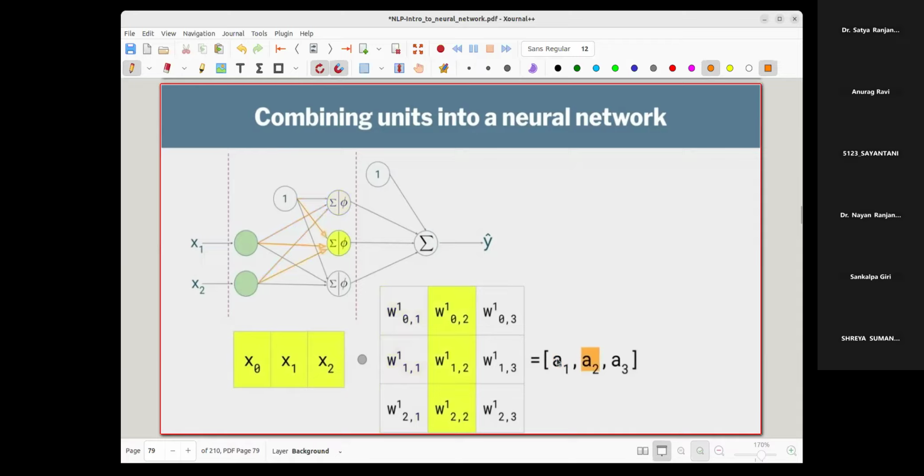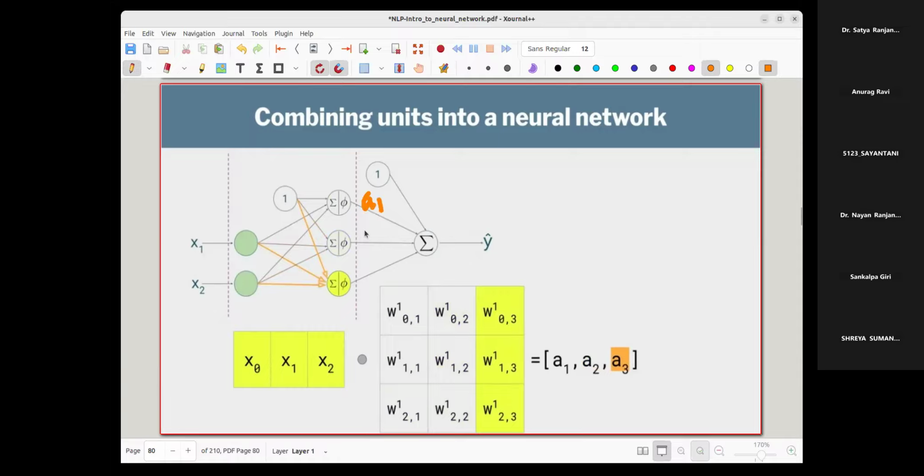Similarly, what is A2? A2 is x0 into W02, x1 into W12, x2 into W22. Then it passes through the same activation and you get A2, and similarly for A3. So A1, A2, A3 are the vector.